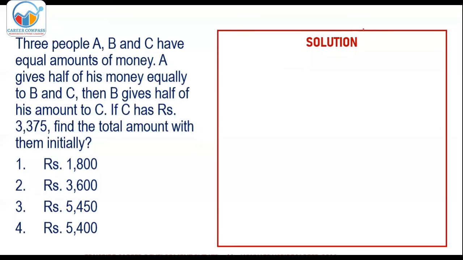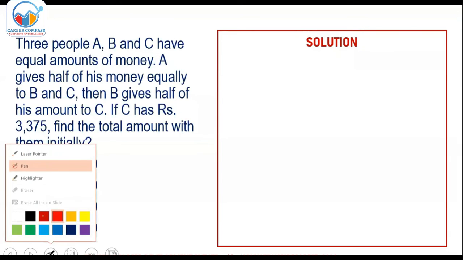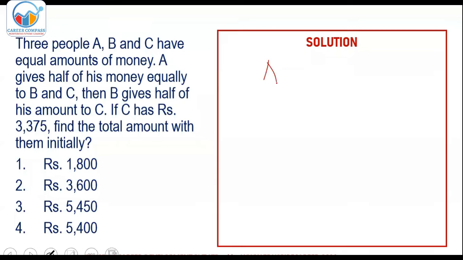Yes, Debjyoti, absolutely correct. Okay, let's see. So first of all, see guys, my suggestion is rather than taking x, you can say that there are two steps where half is being given to other persons.